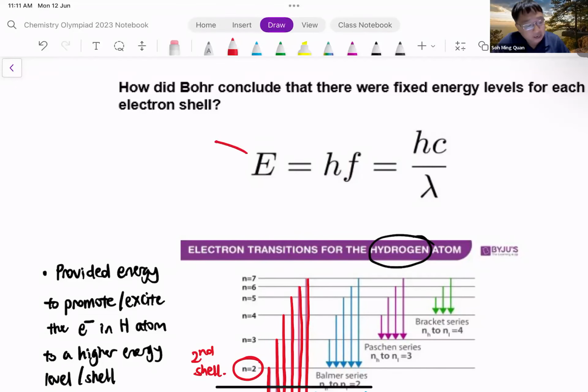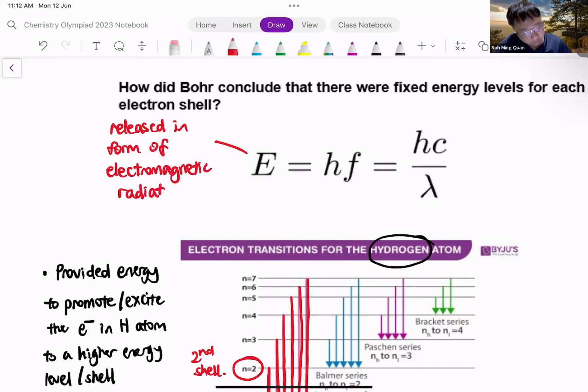Specifically, the energy is released in the form of electromagnetic radiation. So there's an equation that links the amount of energy released to the frequency of the radiation, which is E equals hf, where h is what we call Planck's constant.